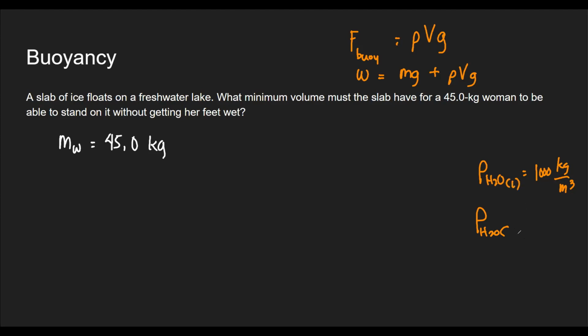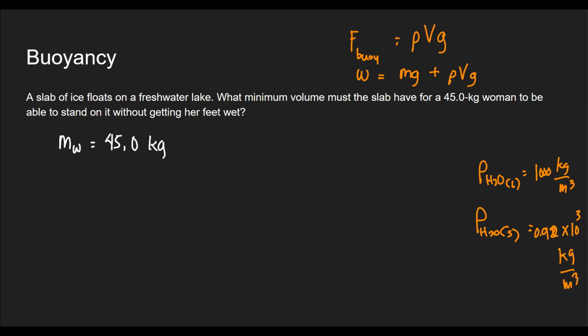Okay, liquid, and this is solid, which is ice. That is just 0.92 times 10 cubed kilograms per cubic meter.